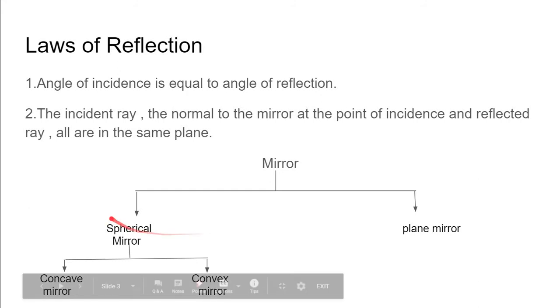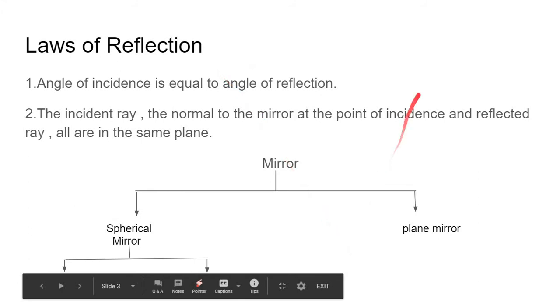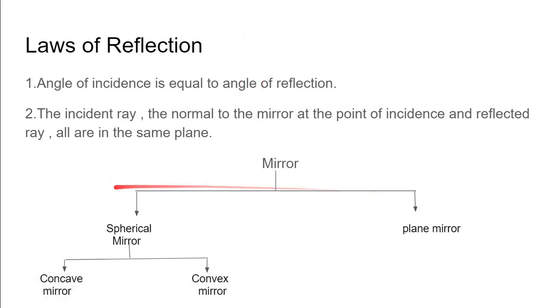So when the mirror reflects the incident ray, that ray is called the reflected ray, and the line between them is called the normal, and obviously they are on the same plane.